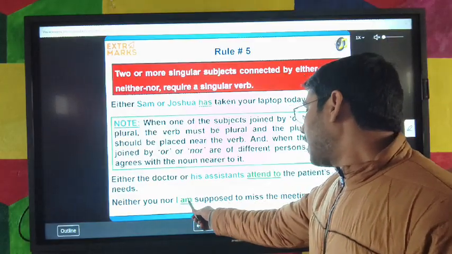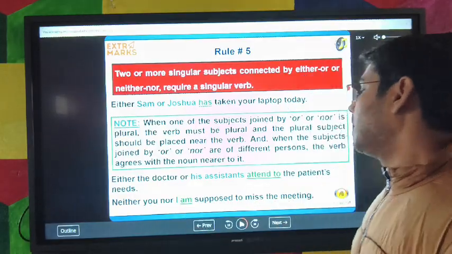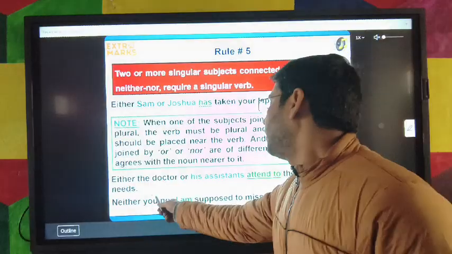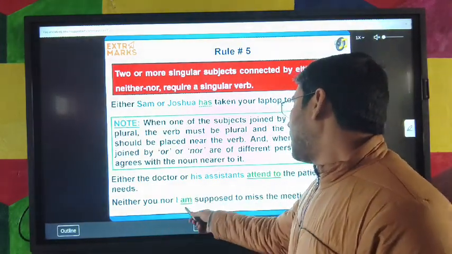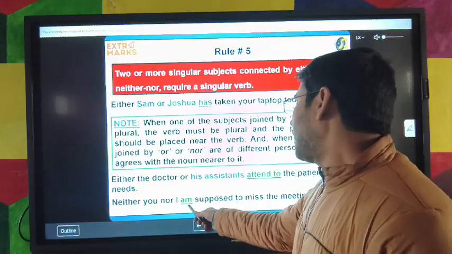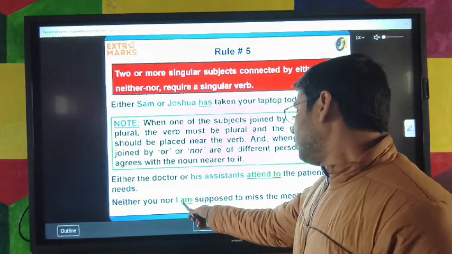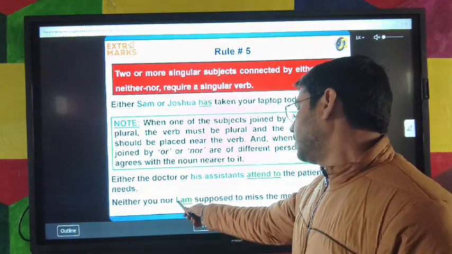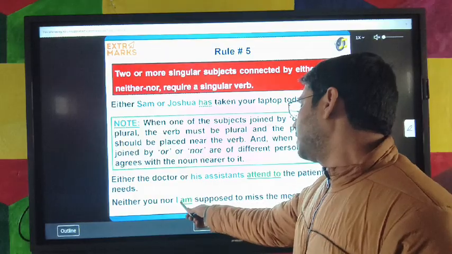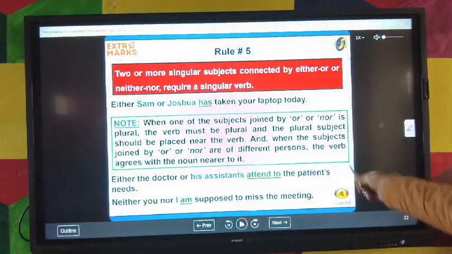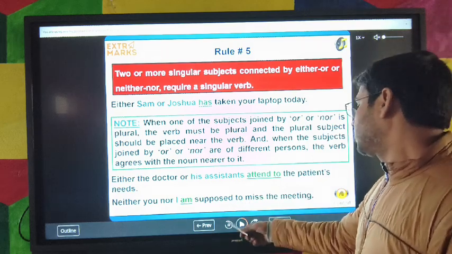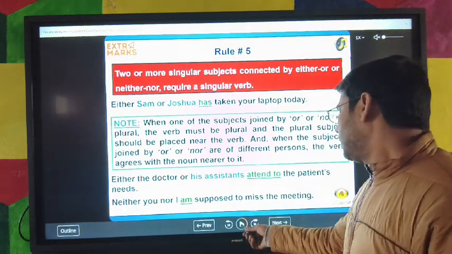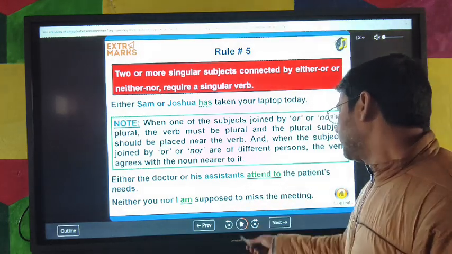That's why am has been used according to I. Different subjects, two persons are there, you and I. So we have to use the verb according to the nearer subject. Here the nearer subject is I, so am has been used. So you have to take care of these two things while using the verb, singular, plural, or any other verb.